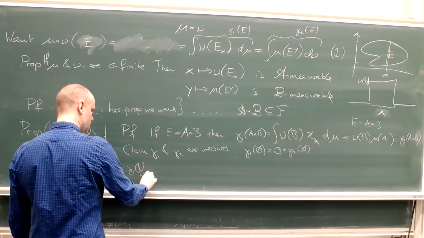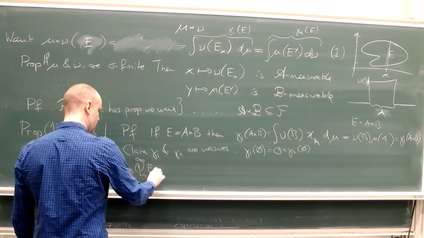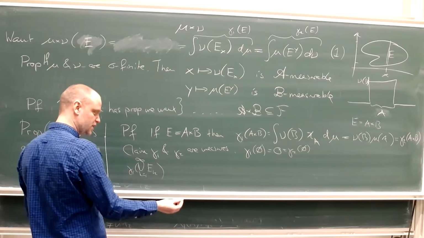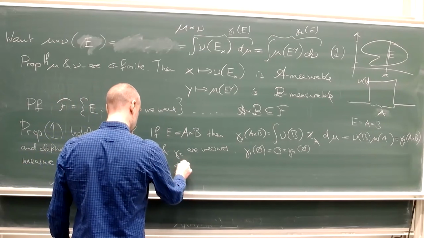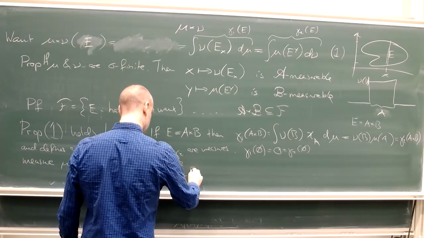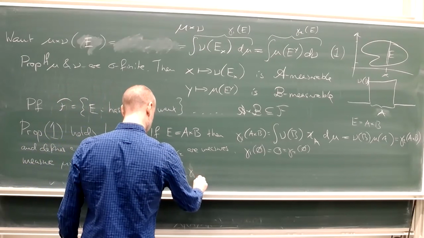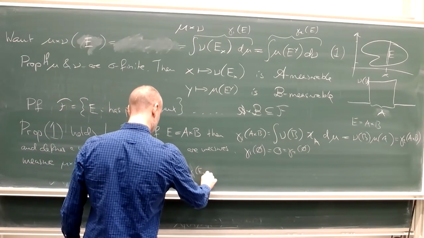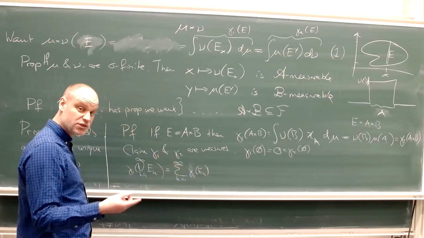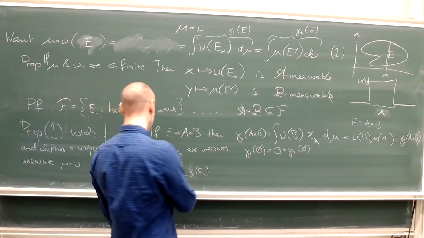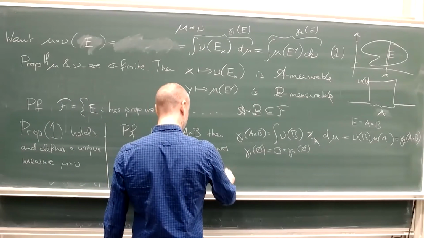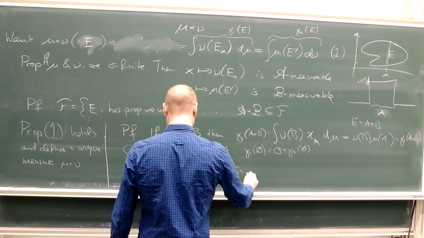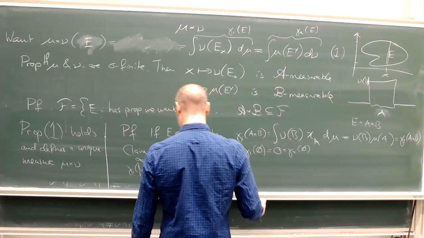If I have an infinite union of sets E_k, and they should be disjoint, then I have here an infinite sum. Like this, but that's just the monotone convergence theorem. So let's say the left-hand side is equal to the integral.